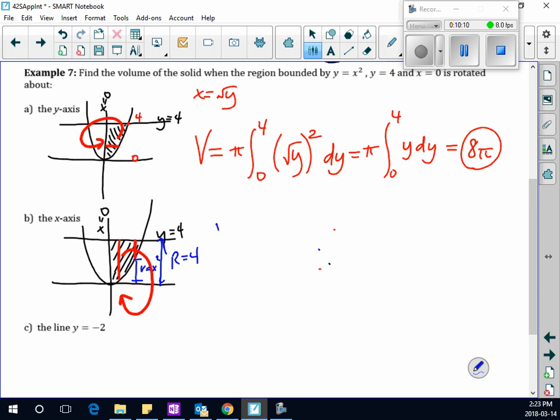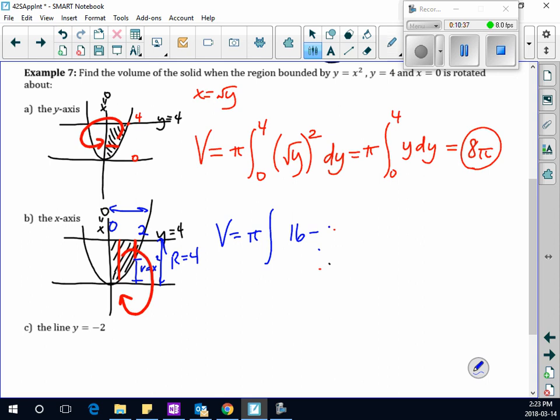So this volume is pi, and this time I'm stacking this way from 0 to 2. Remember the intersection was (2, 4). So I'm going from 0 to 2 because I'm stacking this way, right? So from 0 to 2, and it's going to be the outer squared, which would be 16, minus the inner, which is x squared squared.